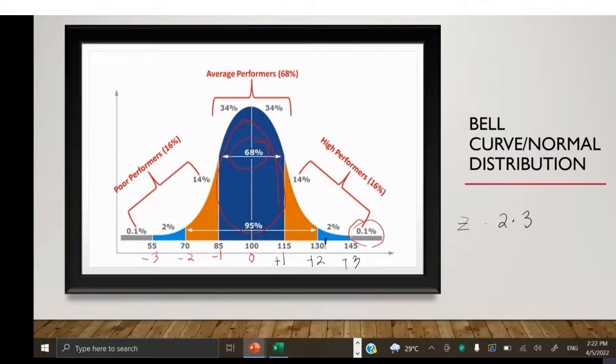Okay, so for example, what is the implication here? If you are an owner of a shoe factory, you know that the average shoe size of Filipino women is around 5 to 6.